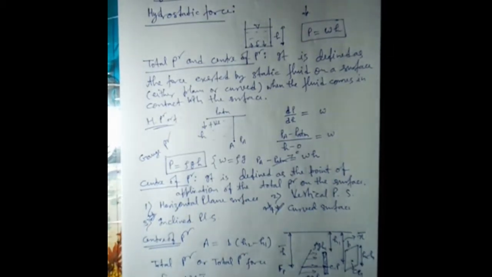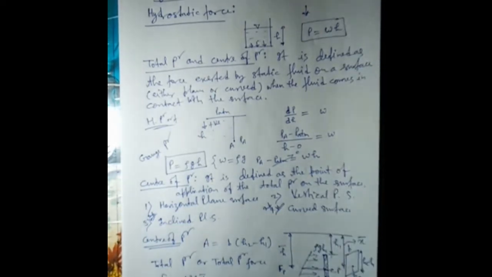X bar is the distance of the centroid of the body from the free surface, which is equal to h1 plus h2 minus h1 divided by 2. This is the x bar.